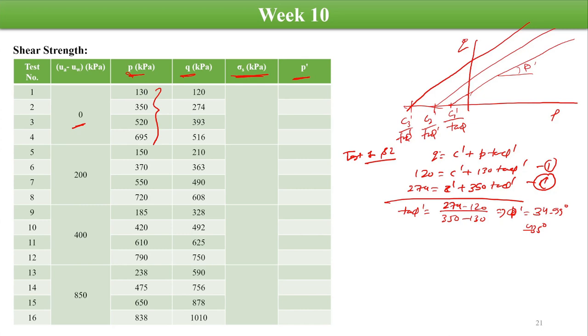Then after determining the value of phi dash, we can calculate the value of C dash. The value of C dash will be equal to, from the first equation, 120 minus 130 times tan of 35 degrees. So it will be around 29 kPa.